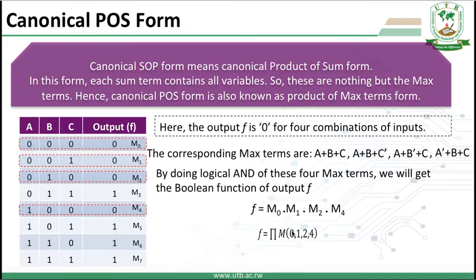So this can be rewritten as this one. Here you can see M is a capital because M is a max term. Then we have bracket 0, 1, this is index 2, and this 4. Fine. So this was the canonical POS form.